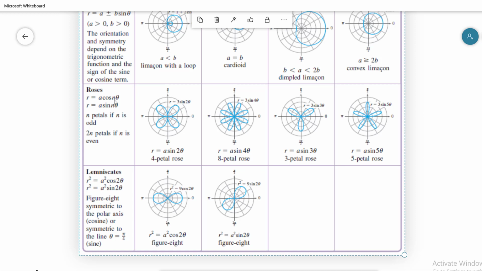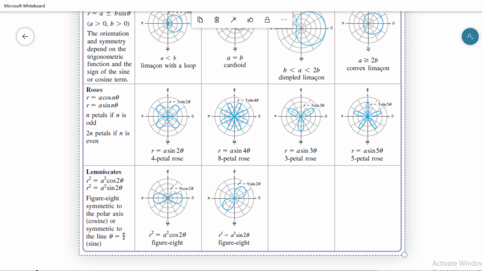If this number is even, you'll get twice as many petals. But if it's odd, you get just the exact same number of petals. So here it's 3 and we get 3 petals. Here it's 5, we get 5 petals. But in the two even cases, when it was 2, we got 4 petals. When it was 4, we got 8 petals.